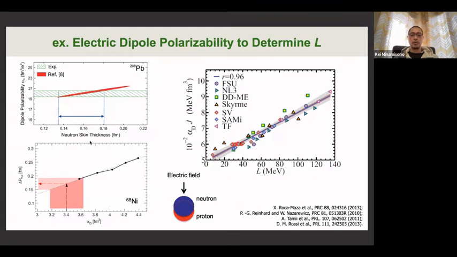The bottom part shows the first measurement of a radioactive isotope, nickel 68, and they do kind of the same thing. Experimental measurement is correlated using theoretical calculation to the neutron skin thickness. And a little later, it's been shown that the product of the dipole polarizability and J, I think J is the amplitude of the symmetry energy at the nucleon saturation density, has a kind of strong correlation to the size of the slope parameter.